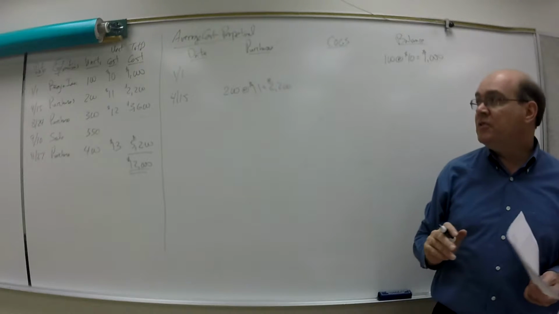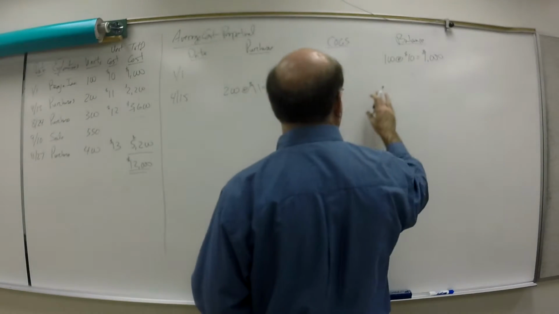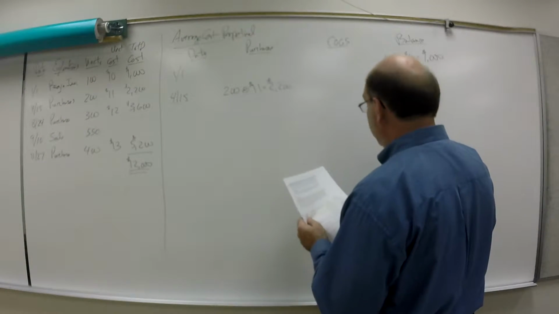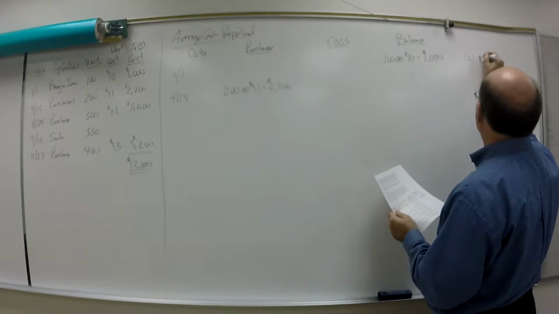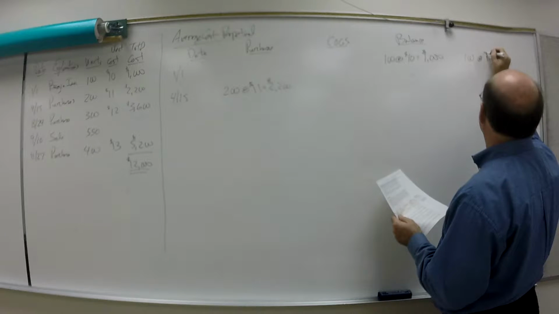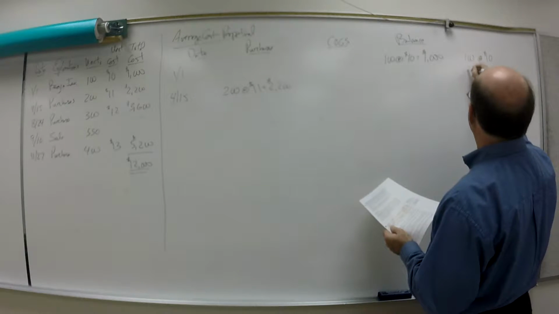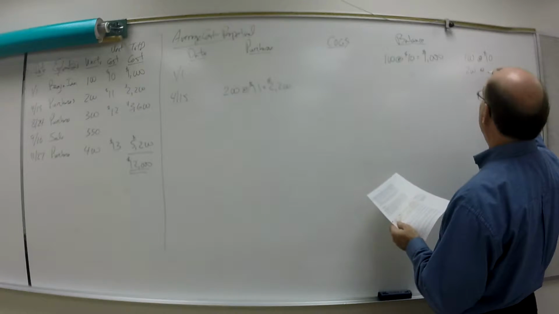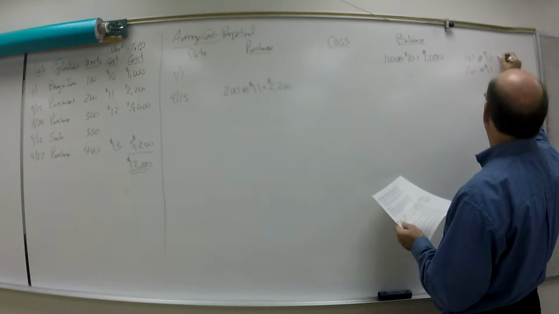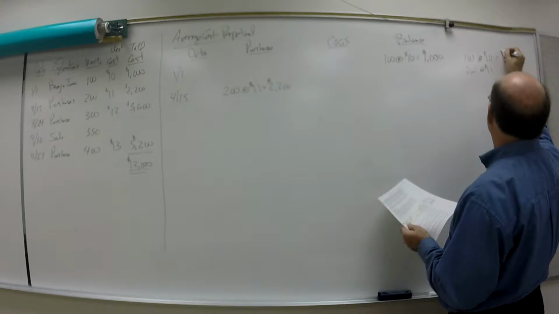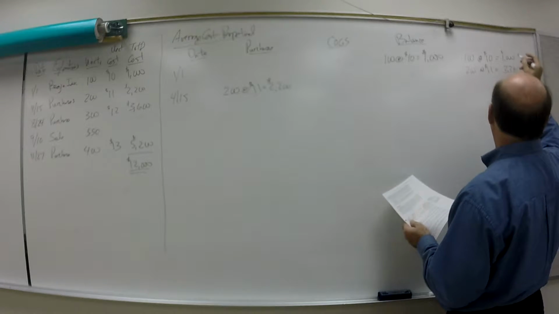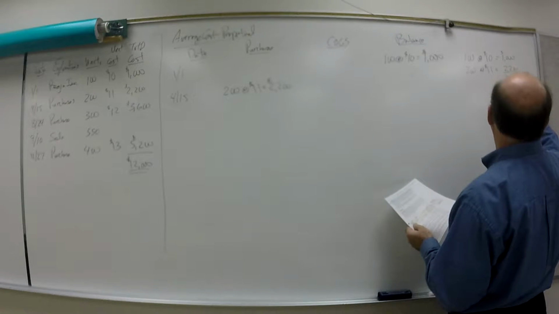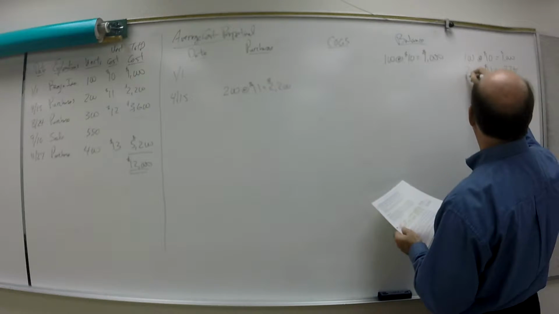That's the whole purpose of it. So we had 100 at 10, and now we bought 200 at 11. If I take that as 1,000, and I take that as 2,200, I now have 3,200, and I have 300 units.